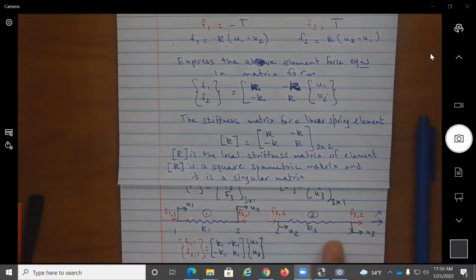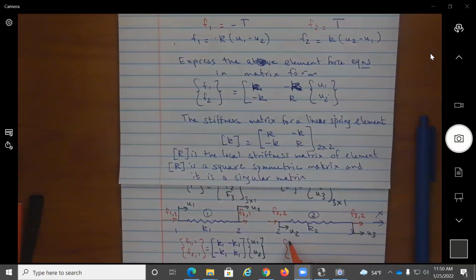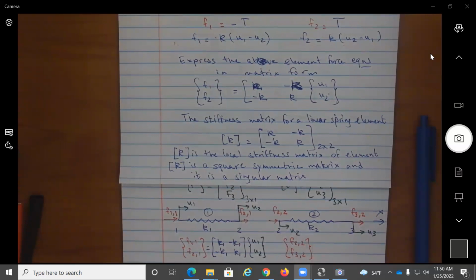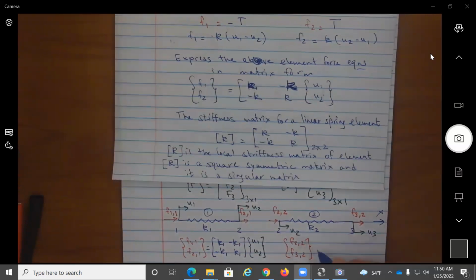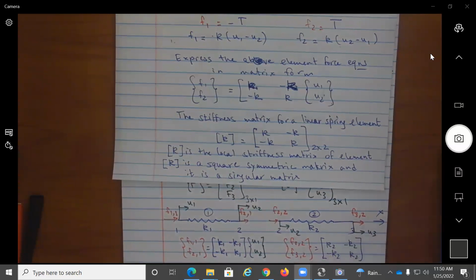I can do the same for the second element. I have here F22 and F32. These are the element nodal forces, equal to the matrix K2, minus K2, minus K2, K2, multiplied by U2 and U3.